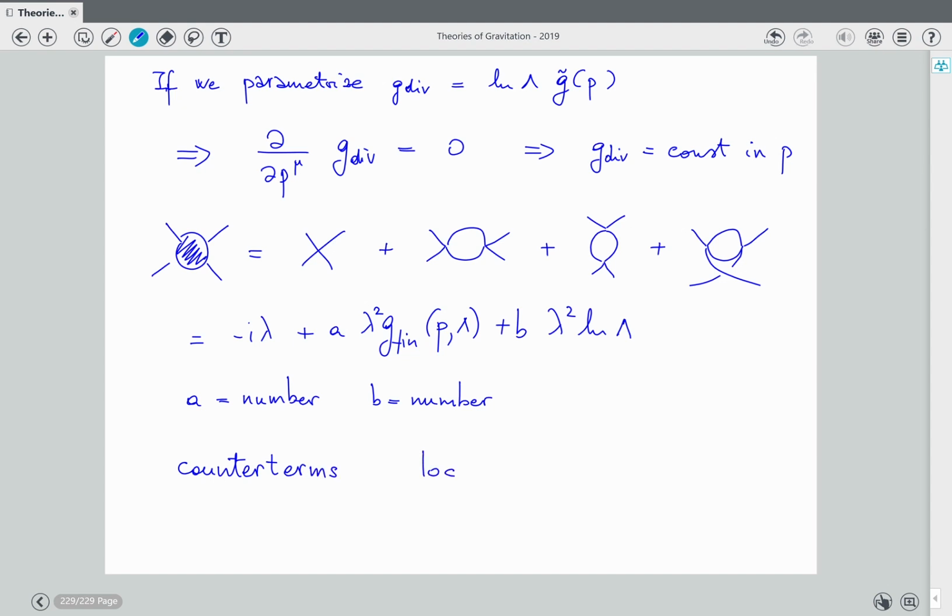And the crucial property that you have to talk about is locality. Locality means that the Lagrangian should be polynomial. Let's say every term of the Lagrangian should contain a finite number of derivatives. So let me phrase it like that.